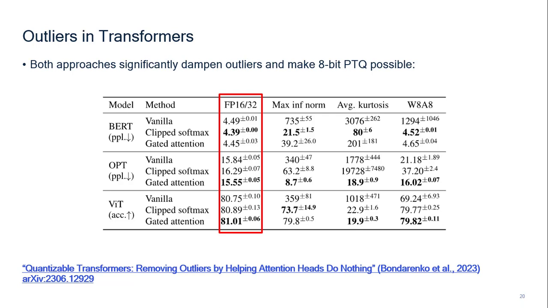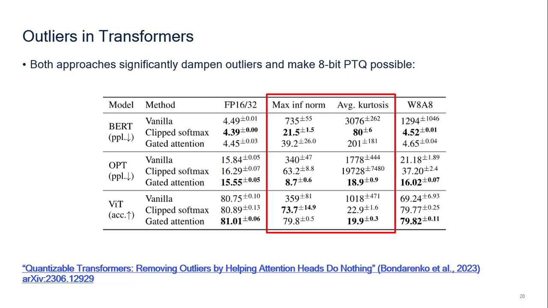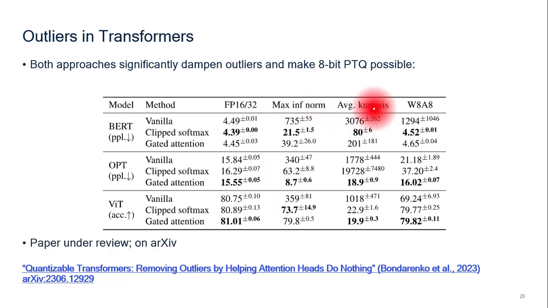Second, we see that outliers are significantly dampened. So here, for example, we see that the largest value in the activations goes down from 735, which is hard to quantize, to 21.5. And lastly, as a result of this, in the last column, we find that our networks are a lot easier to quantize than networks trained in the normal way. And we see that in all cases, the INT8 PTQ model is actually very close to the original model accuracy.